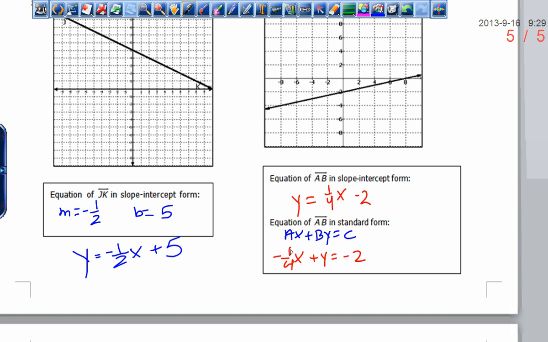So can I multiply by something to get rid of that? Yeah, multiply everything by 4. If I want to get rid of the negative, multiply by -4. So I get x minus 4y equals 8. The biggest thing is we don't like fractions in standard form.